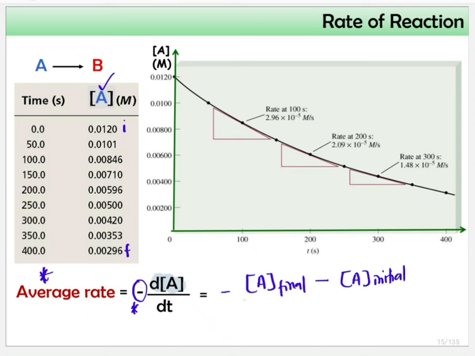Okay, what about the change in time? Sama lah, ini adalah initial time, final time. Jadi, time final minus time initial. Okay, so, bila awak substitute the value into the formula, you akan dapat average rate. Okay. Jadi kalau saya nak cari untuk B, sama jugalah. Cuma B is the product. Jadi negatif tu dah tak ada.